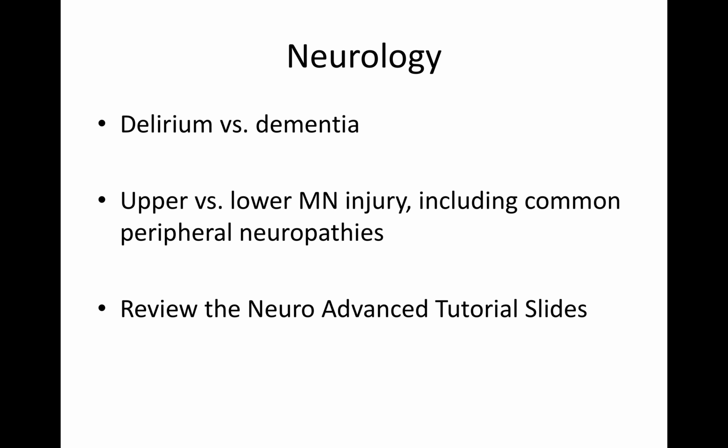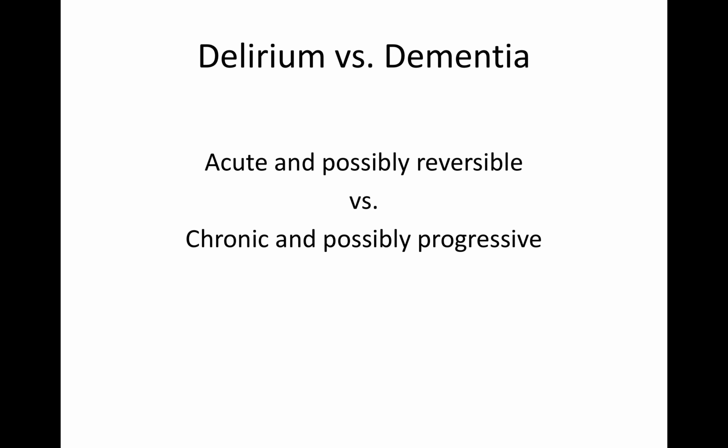So quick thoughts about delirium, dementia, upper versus lower motor neuron problems, and some review of neuro advanced tutorial slides real quick. What do we want you to know about delirium versus dementia? Read the practice questions, because the content for this is contained in your practice questions. Very basic concept. What it basically means is delirium is an acute condition where you have waxing and waning levels of consciousness, and it's typically due to some acute process.